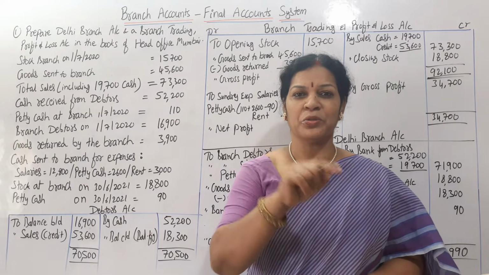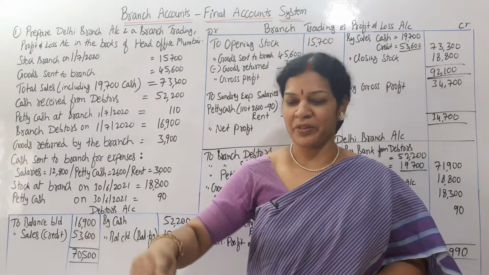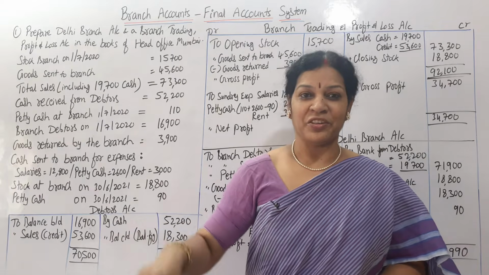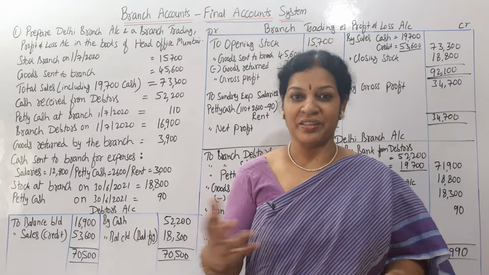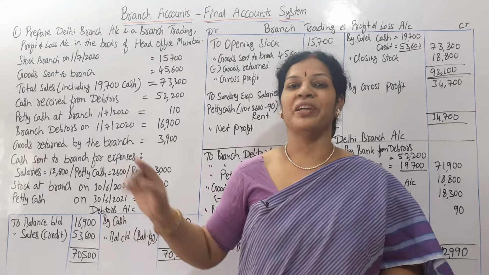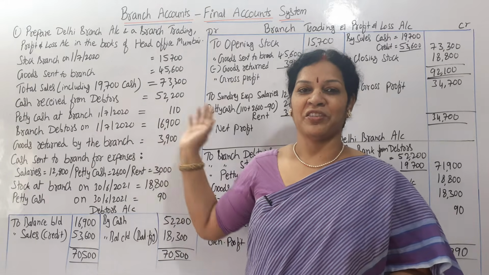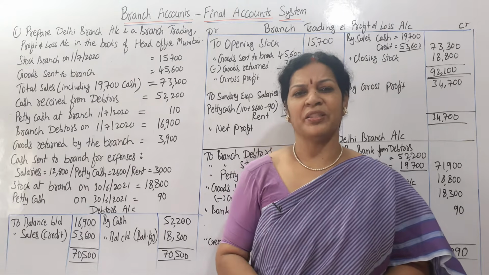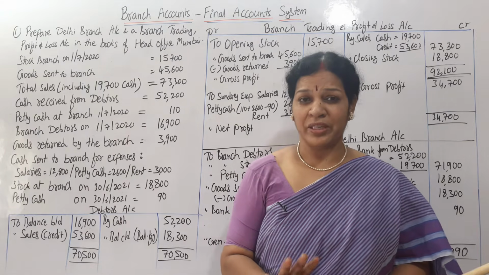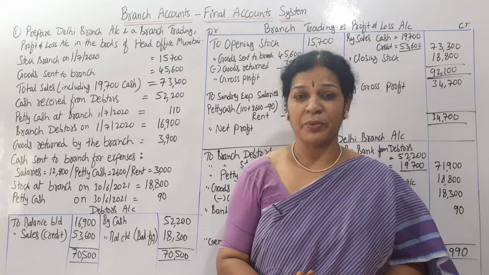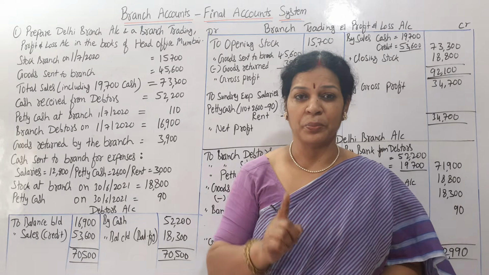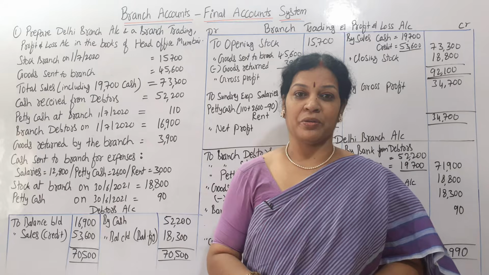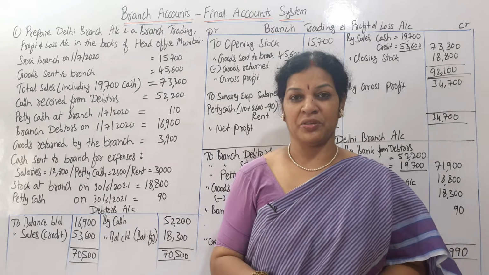When I was a student, I used to open the trading and profit and loss account, on another side the branch account, and whatever accounts are required simultaneously, posting each and every transaction there. So it takes very less time. In that way also you can do it. But if you are a beginner, if you are not perfect, I would suggest you first open the trading and profit and loss account, then after that the branch account, right?